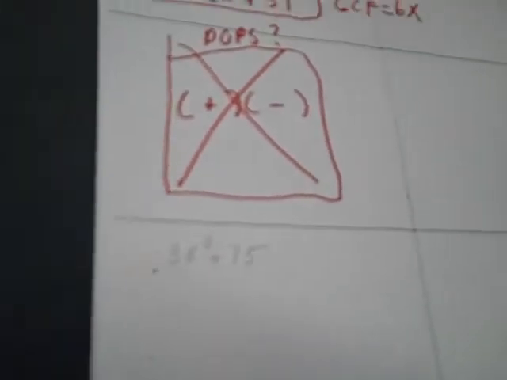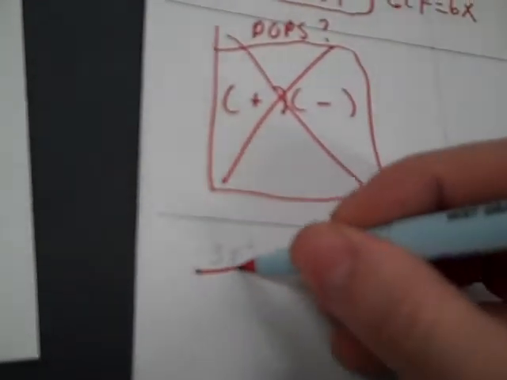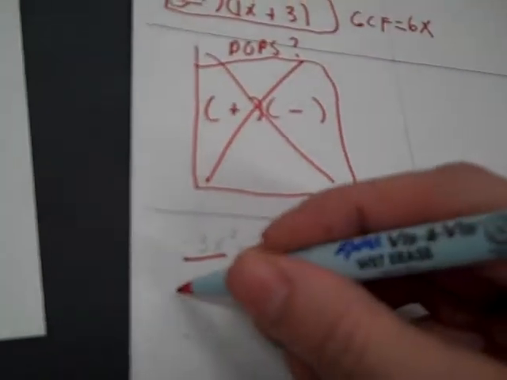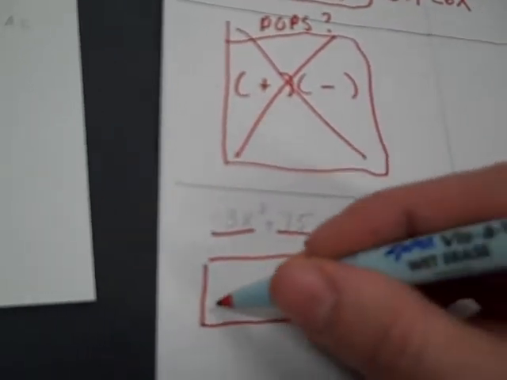All right, next one, negative 3x squared plus 75. Again, underline your big guys, okay? There's two terms, so we're going to go with the GCF. And then we're going to see if we have our difference of perfect squares.